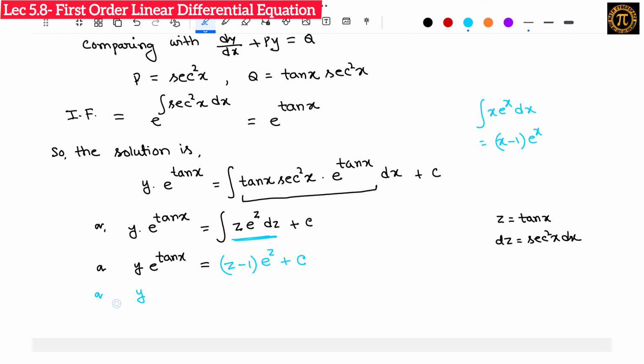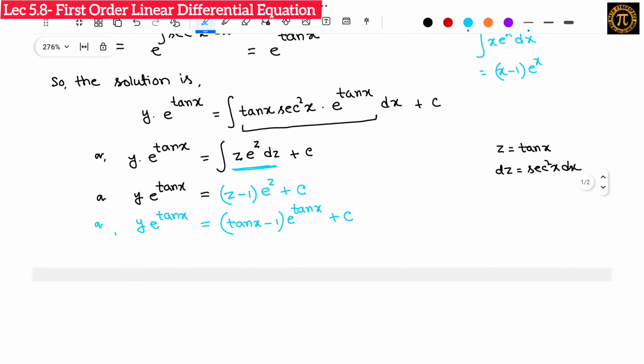So y e to the power tan x equals tan x minus 1 times e to the power tan x plus c. And this is the solution. You can divide by e to the power tan x, so y equals tan x minus 1 plus c e to the power minus tan x. This is the required solution.